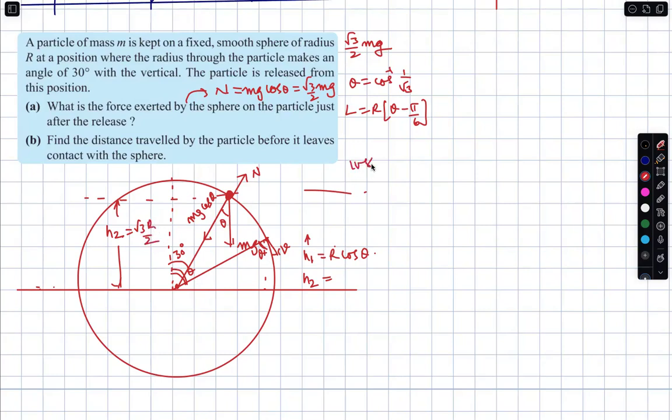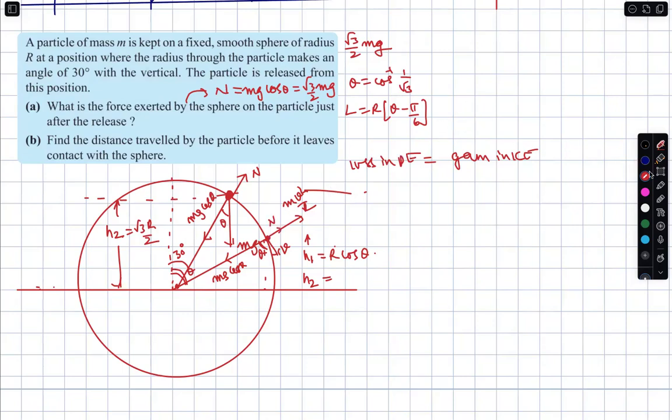So loss in potential energy is gain in kinetic energy. And the specialty about this point is it will lose contact. mg cos theta minus N equals mv square by r, normal reaction.